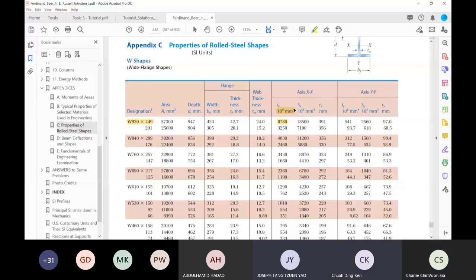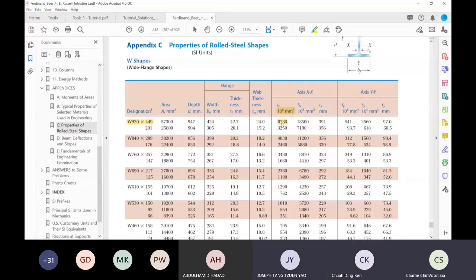The unit of I: the moment of inertia unit is meter power 4. But in this chart it is given in millimeter power 4, so you need to convert to meter power 4.